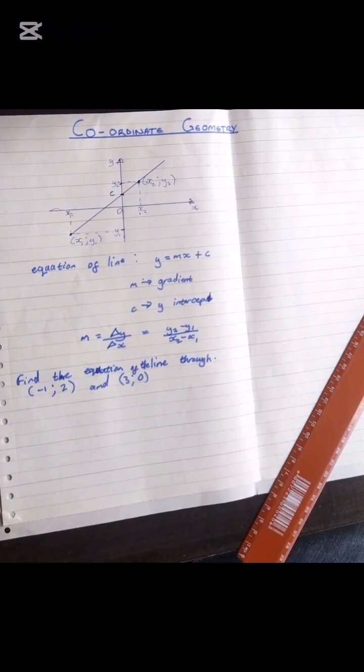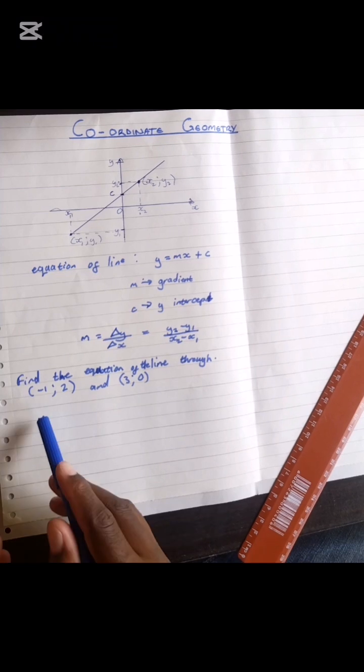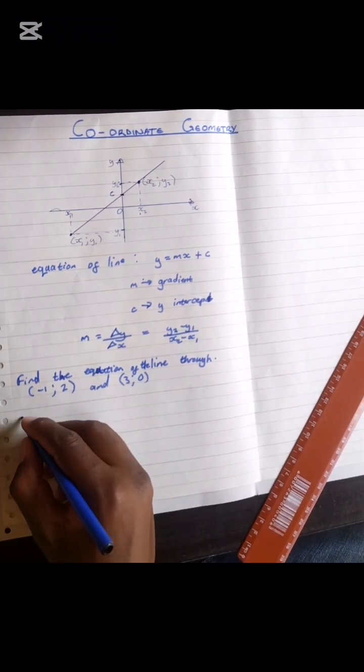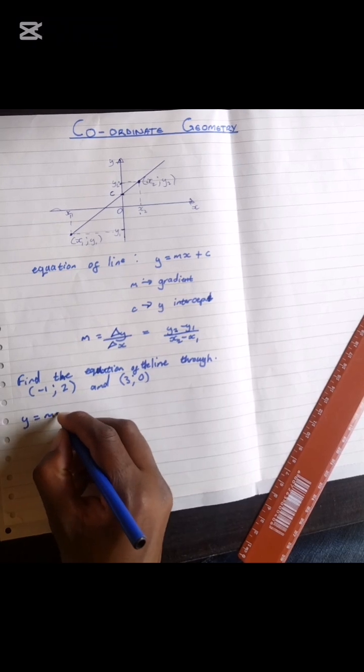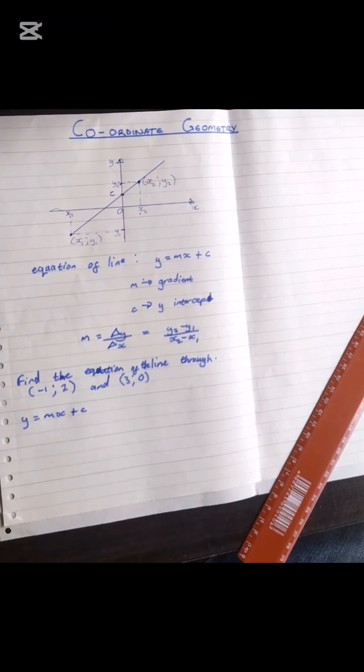So we're asked to find the equation of a line that passes through those two coordinates. We know that the equation of a line is y is equal to mx plus c. So first we're going to find the gradient of the line.